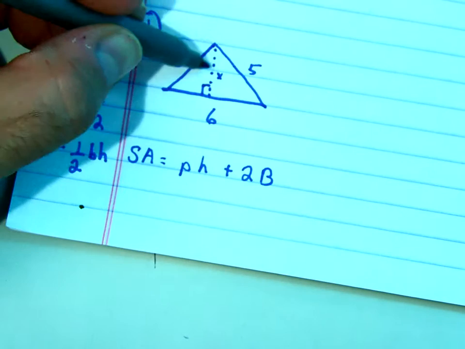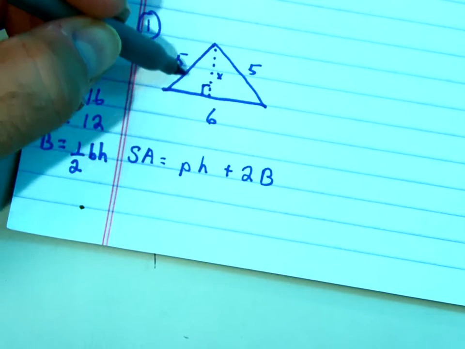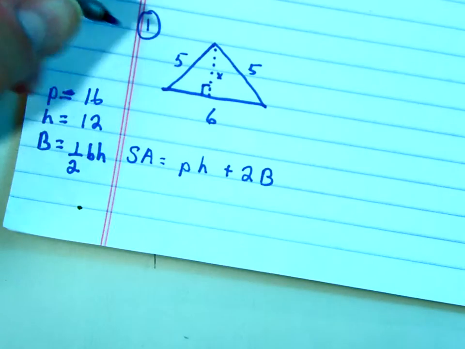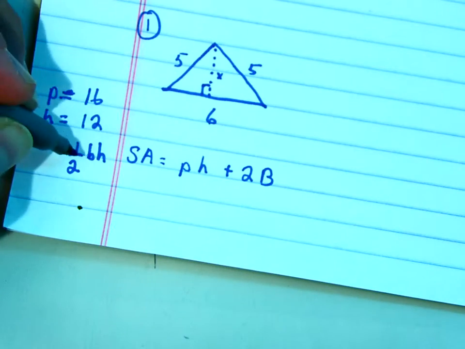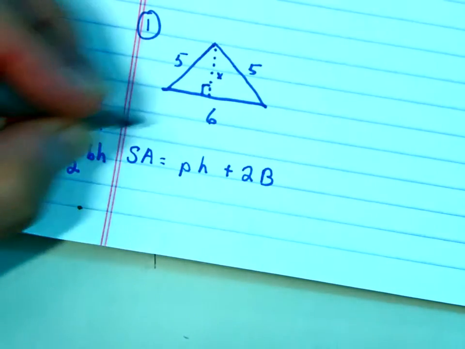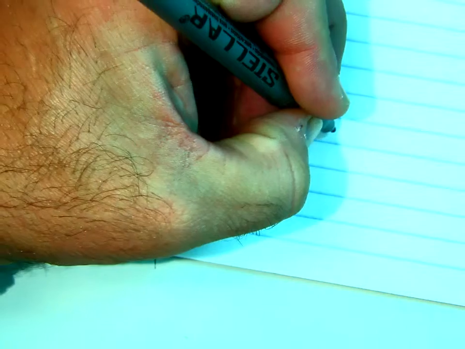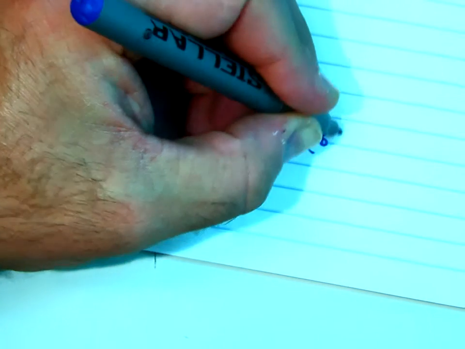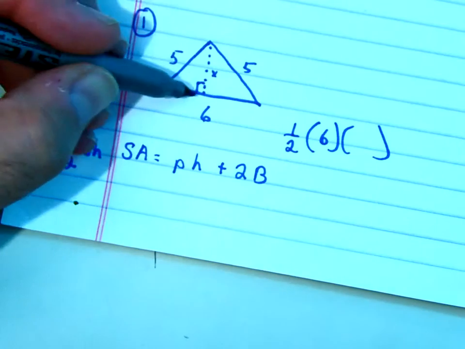So I have to find the area of that triangle. I know the area is 1/2 base times height. I know the base is what? 6. Okay? So I'm doing my formula and I go area equals 1/2, 6, and I just need the height.